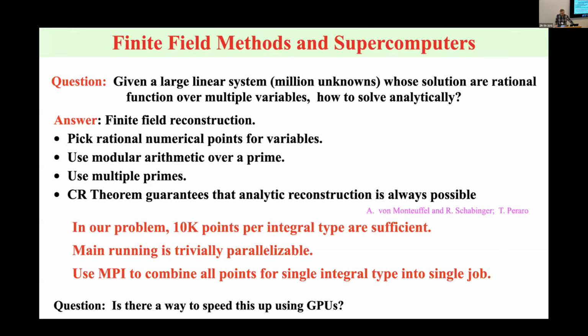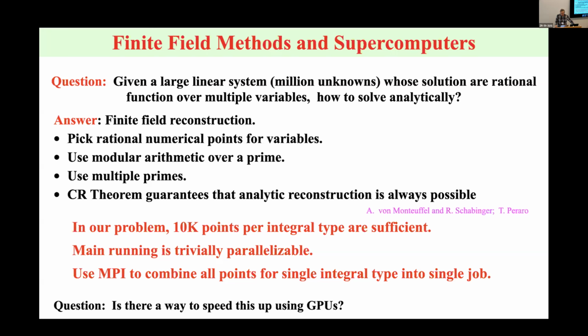You use arithmetic over a prime field. You pick a numerical point, you evaluate the system and solve the system on that one prime, on that one point. Then you keep on doing this over and over again, lots and lots of points, you solve the system.